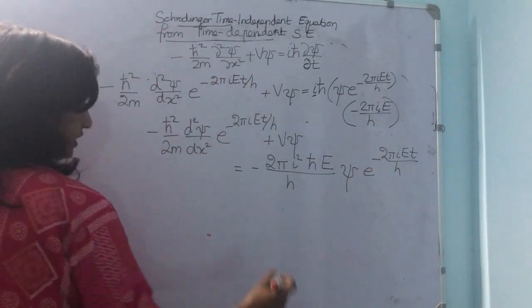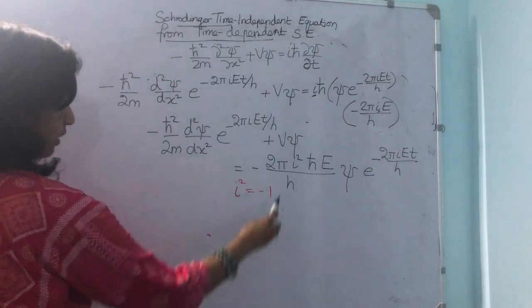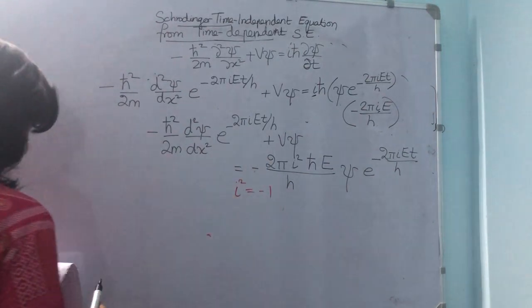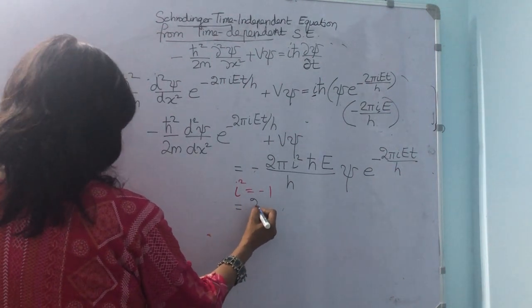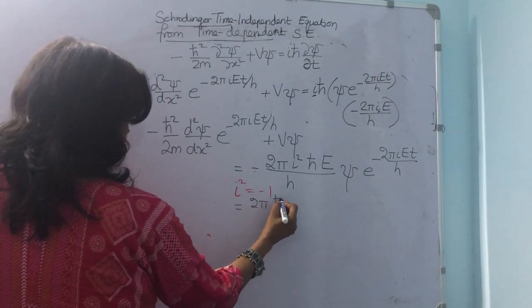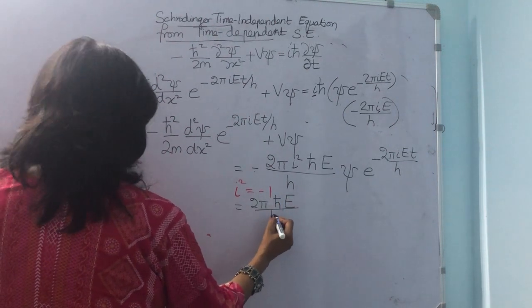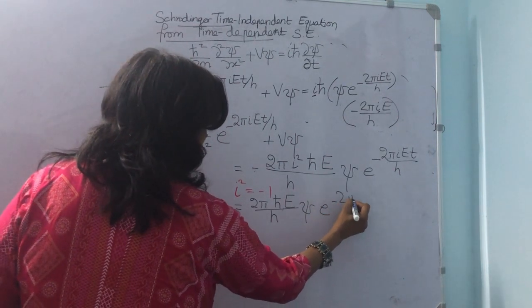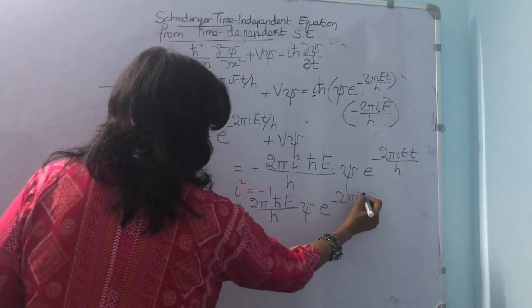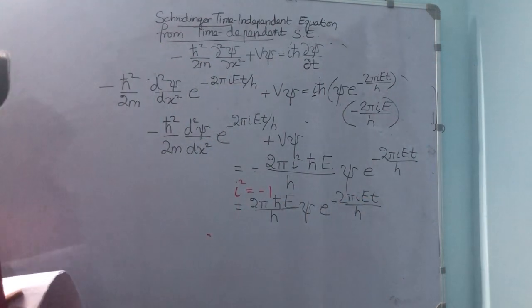We know that i square is equal to minus 1. So this minus and this minus will become plus, and we are left with 2π h bar E upon h phi e^(−2πi Et/h).